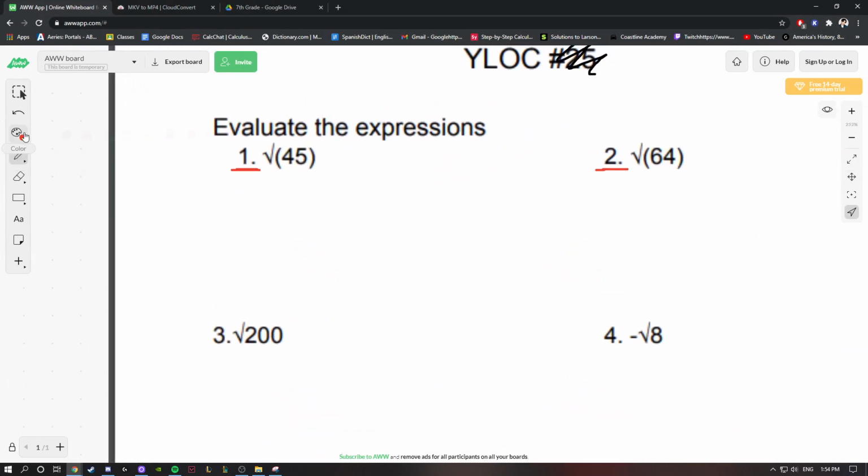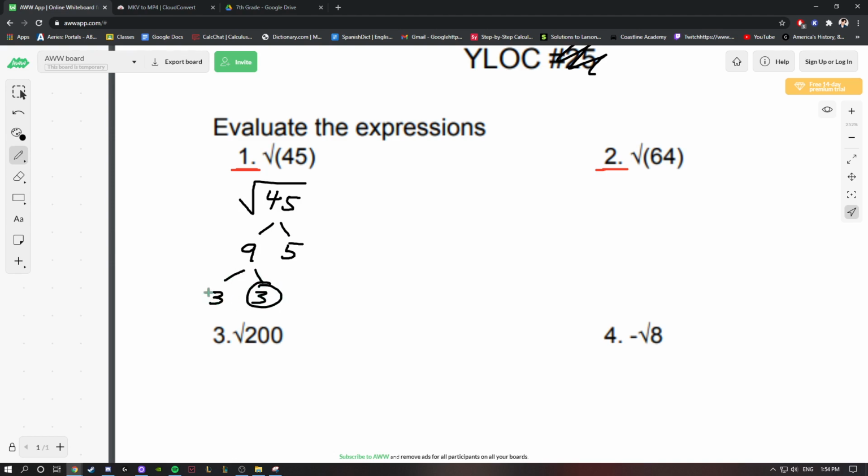Okay, so number 1 is asking us to evaluate the expressions, and we're given the square root of 45. Now we know that 45 is not a perfect or complete square, so we have to find the factors of it instead, and we'll be given 9 and 5, and then we realize that 9 is a perfect square after we break it down.